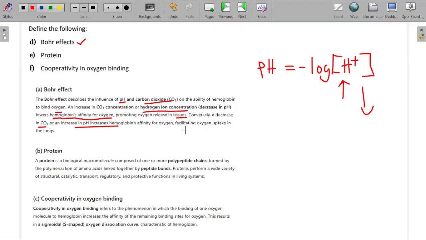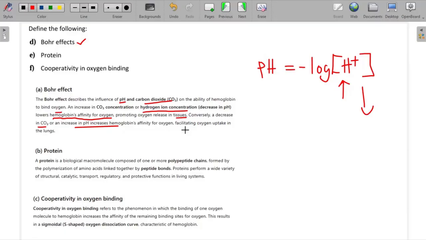This is a phenomenon that controls the amount of oxygen present in your body. If there's a lot of carbon dioxide in your body, you expect the hemoglobin's affinity for oxygen to be lowered, promoting oxygen release in tissues so that you can function normally.